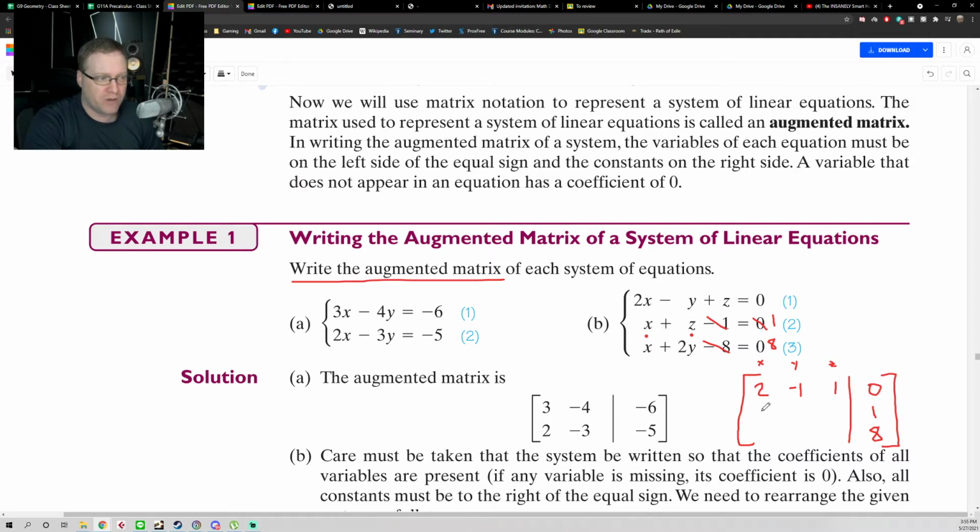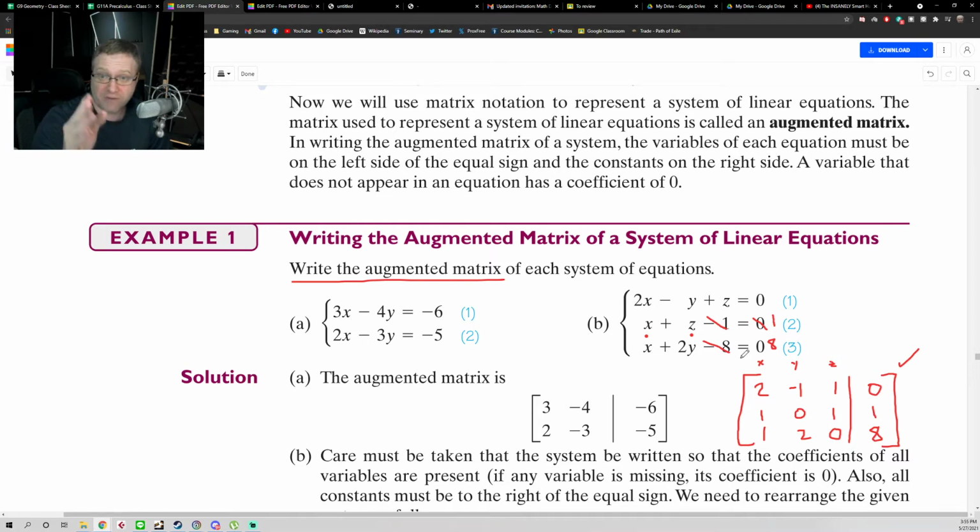And then here we have an x and 2y, but no z's, all right? So we're going to have 1, 2, and then 0. And this is the augmented matrix for this system of equations.